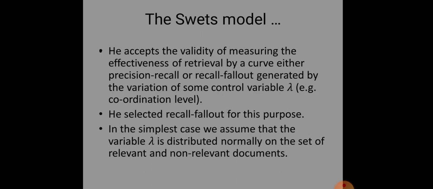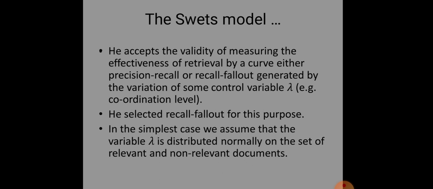He accepted these two curves, the precision-recall curve and the recall-fallout curve, to represent the performance characteristics of an information retrieval system. But again, he rejected the precision-recall curve and accepted the recall-fallout curve for representing the characteristics of an information retrieval system.